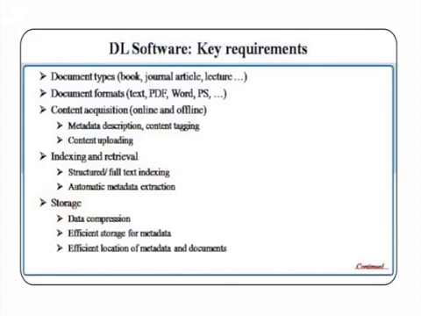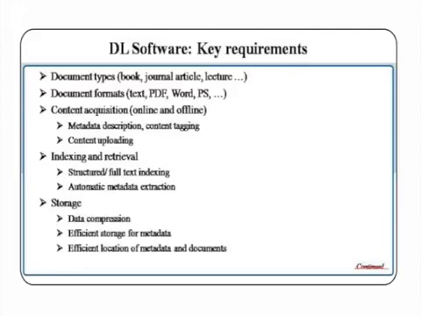The key requirement: the document type has to be decided, whether we want to do it with books, journals, articles, lecture notes, video, audio, etc. And its format is to be decided, whether simple text format, or PDF scanned format, Word format, or a PostScript format.